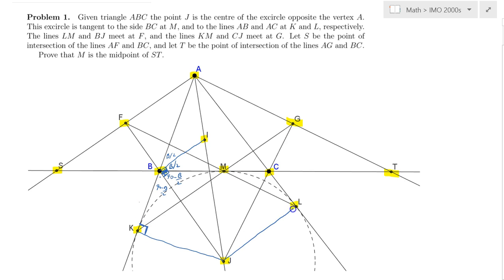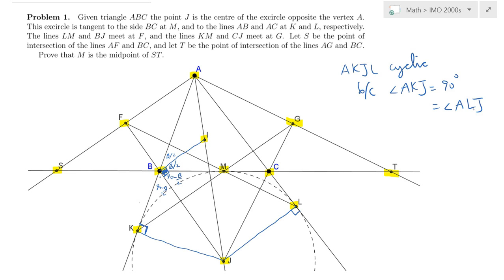Let's also connect J and L. So it's clear that A, K, J, and L are cyclic, because angle AKJ equals 90 degrees, as is angle ALJ. So therefore this quadrilateral is cyclic.